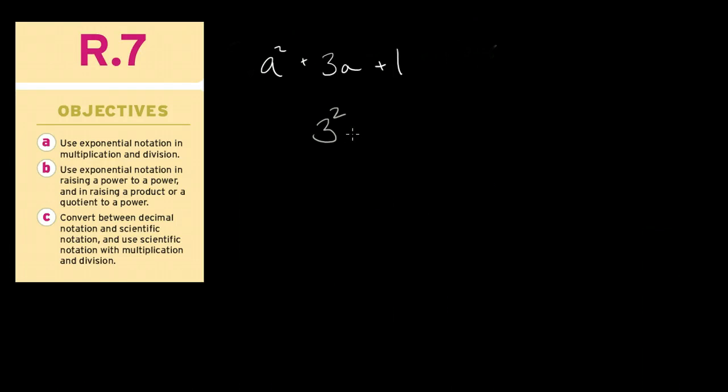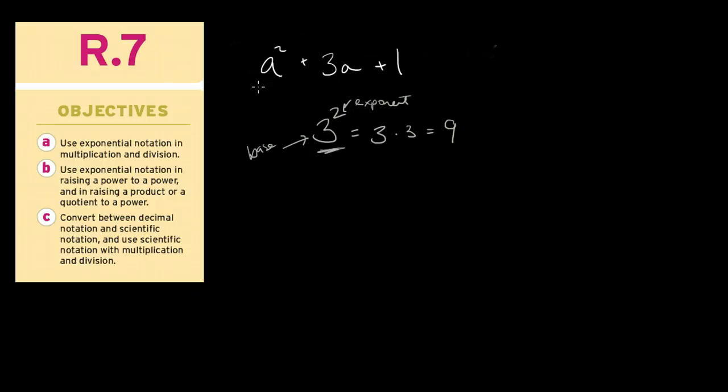What that means is we want to multiply this number here, the base, by itself that number of times, and that number is called an exponent. So this is telling us 3 times 3. So 3 squared is 3 times 3, which is 9.